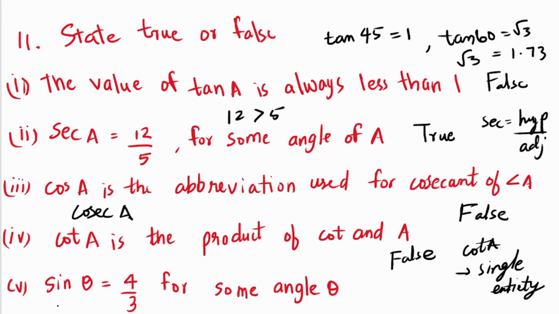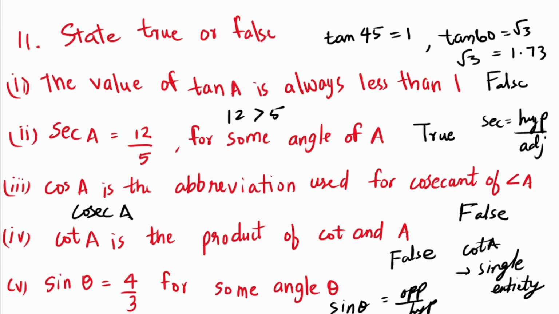And last question, right? Last part of this question. Sine theta equals 4 by 3 for some angle theta. You know, sine theta is opposite by hypotenuse, right? Here 4 is opposite and 3 is hypotenuse, and the hypotenuse should be greater than the opposite side, right?